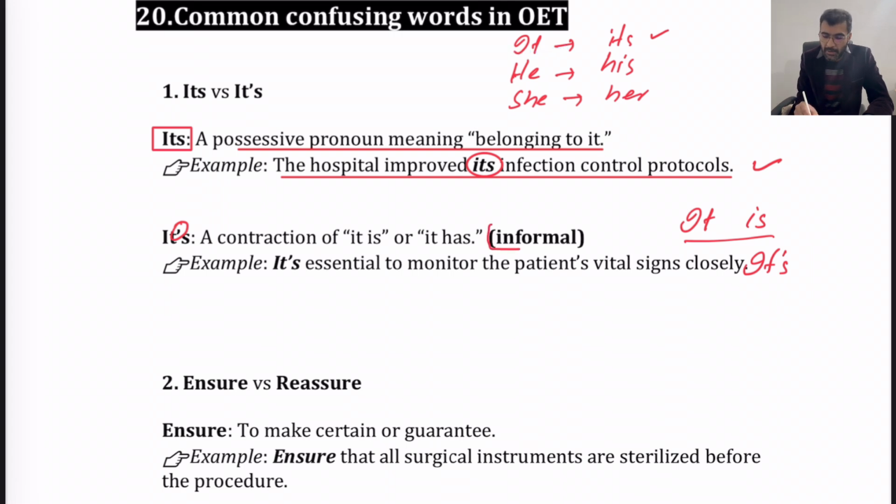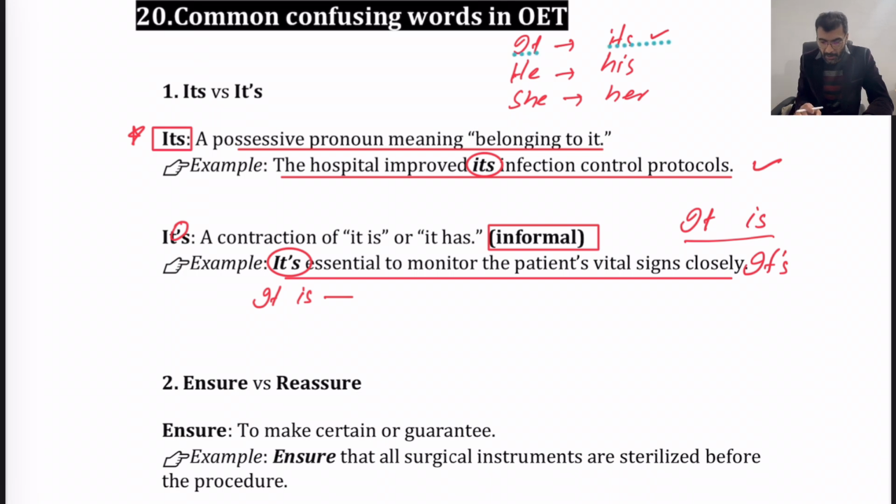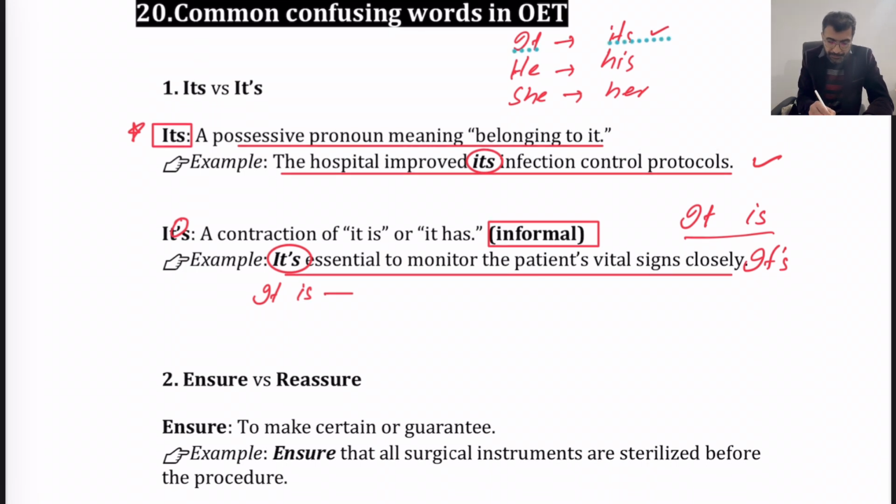This is informal and we shouldn't use this form, but we need to differentiate them. Let's see an example. It's essential to monitor the patient's vital signs closely. So the right way is it is essential. This contracted form is informal and it's different from the possessive one. They are different.